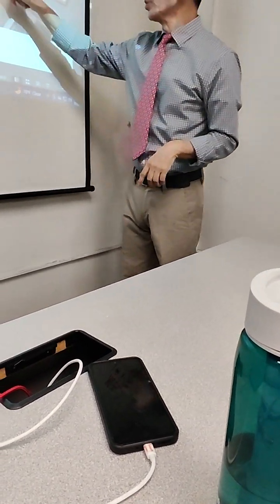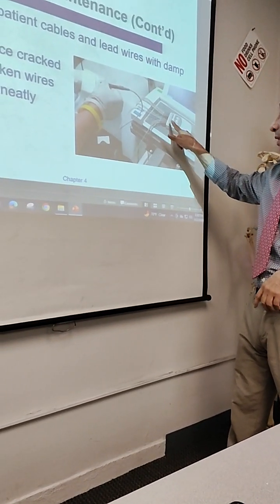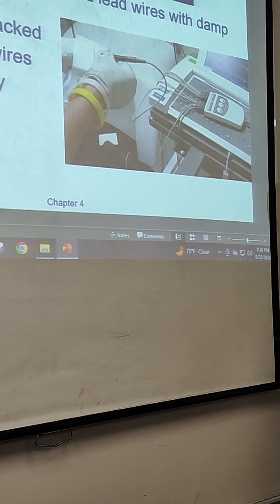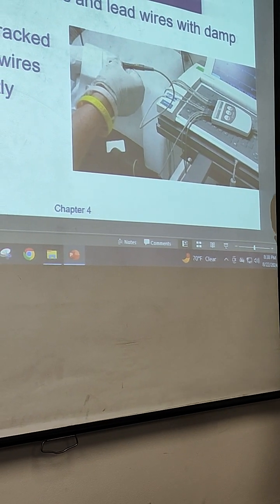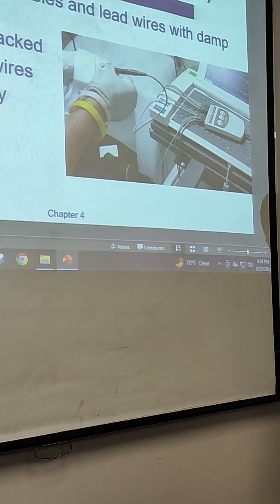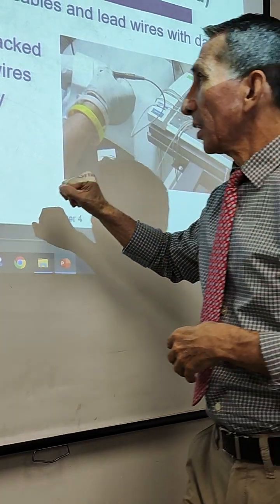That's it. So what we do is clean these cables and make sure that all these cables are placed on top of the EKG machine when we finish, and the cables are folded a little bit, not rolled up, so they don't get tangled, because we need them loose.